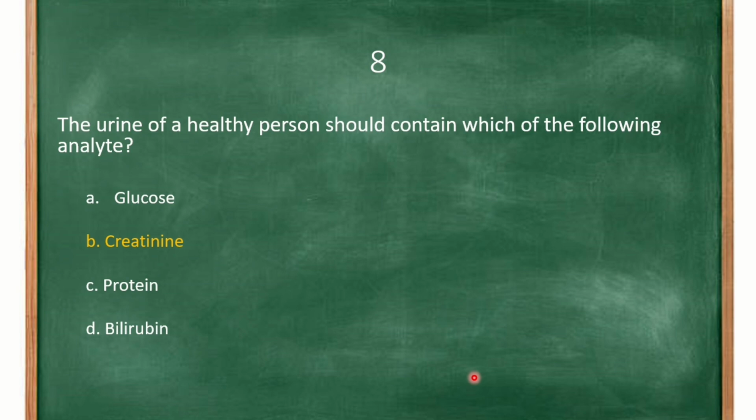Protein. So normally you have a minimal amount of protein in your urine sometimes, but significant proteinuria is associated with kidney issues. So it's not something that is very common in healthy people.